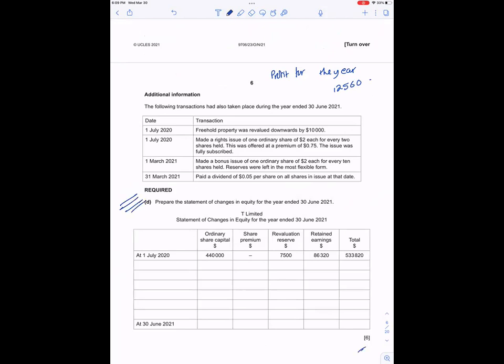Now I'll take statement of changes in equity. 30 marks they are not giving us for free. Profit for the year 12,560, 12,560.